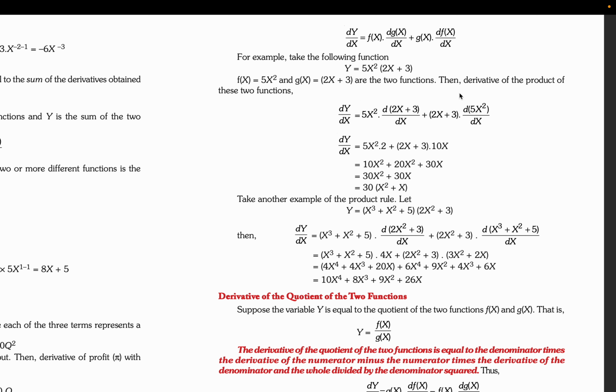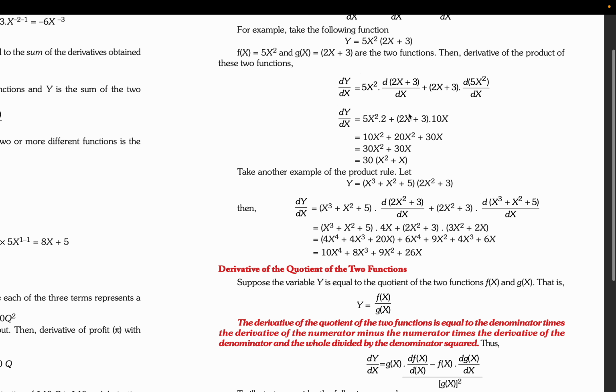In this case, the derivative of the product of these will be: you keep 5x squared as it is, take the derivative of the second function, and you keep the second function as it is, take the derivative of the first one. Let's see what happens now. So 5x squared is as it is, you take the derivative of this function, what's going to happen, 2x. Now again, like I said, the power is 1, so you just need to write the coefficient, that's it.